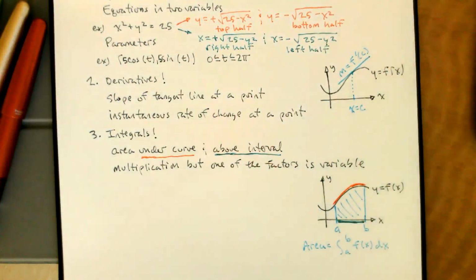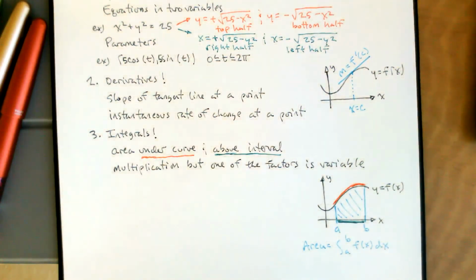That's just area equals length times width, length given by the function, width given by the delta x, where we use an infinite number of rectangles. So this definite integral symbol says evaluate the expression f of x dx for all the values of x between a and b. Just plug in all the values from a to b into the expression f of x dx, and that'll give us the integral.